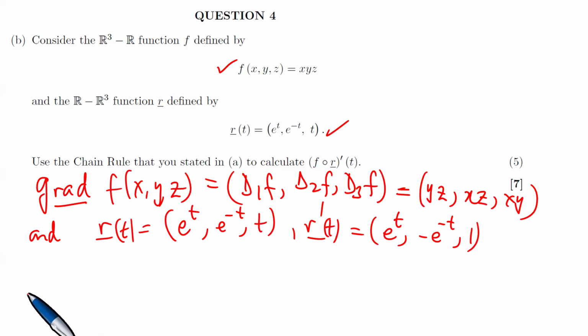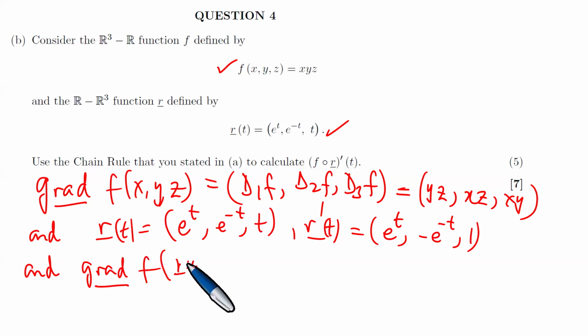Now, let us find the gradient of the function f of r of t. Okay, now let's look. This is the gradient, but now we are replacing x, y, and z with this other triple.